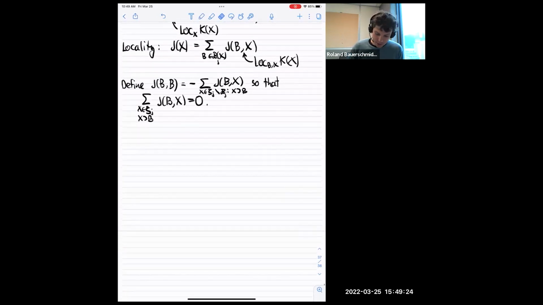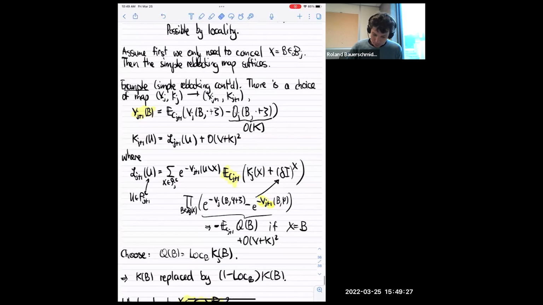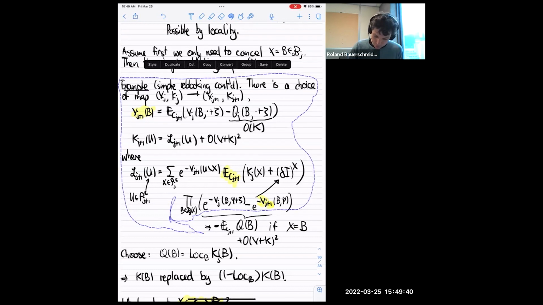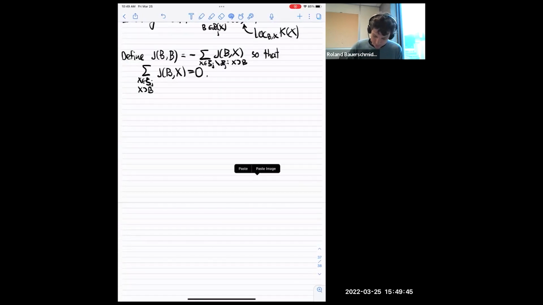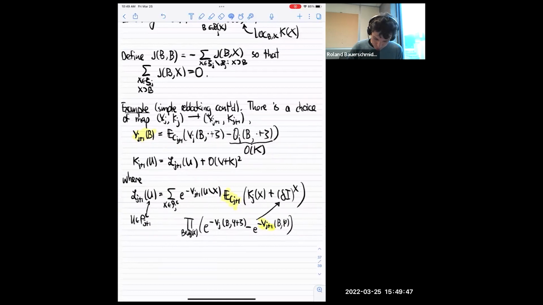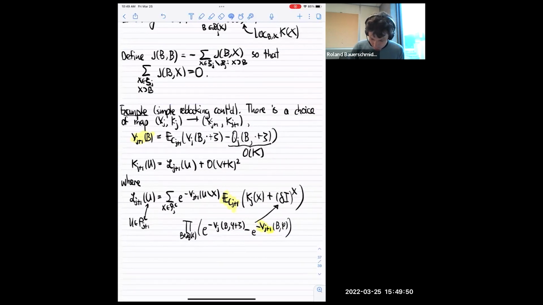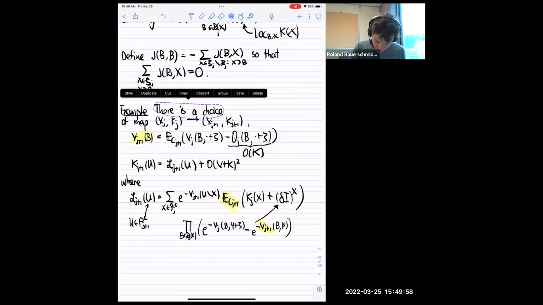Okay, why are we doing this? Well, I'm going to copy the example from before, because we're going to make some adjustment. So this example from before, copy and paste it here. I want to improve the statement further. So the statement is, again, there's a choice of this map.